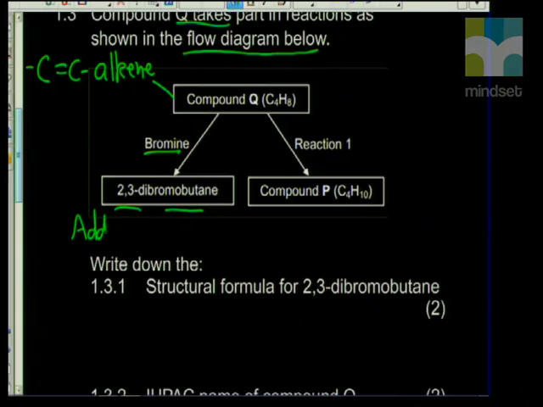Notice we started with 2 things and we've ended up with 1 thing. So without much doubt, we know that that's an addition reaction. And it's typical because you've got 2,3. And you've got that process taking place. The double bond was between carbon number 2 and carbon number 3. And we've simply added the bromine across there.